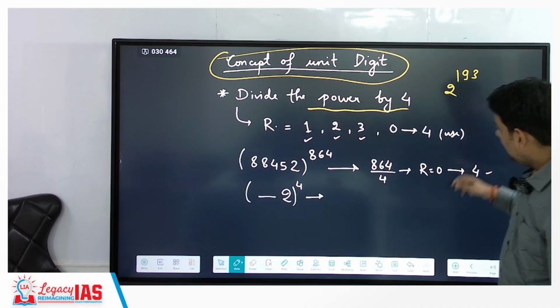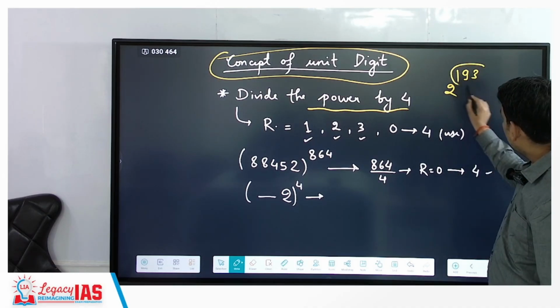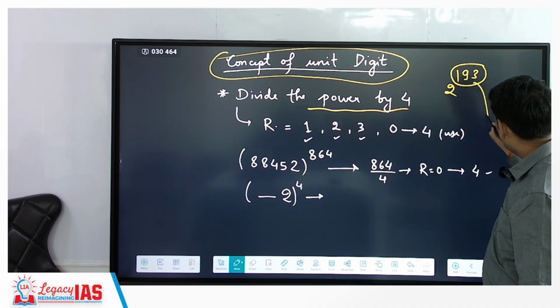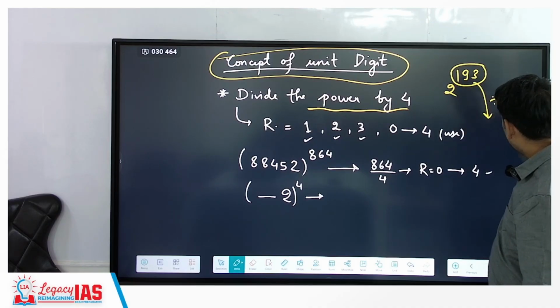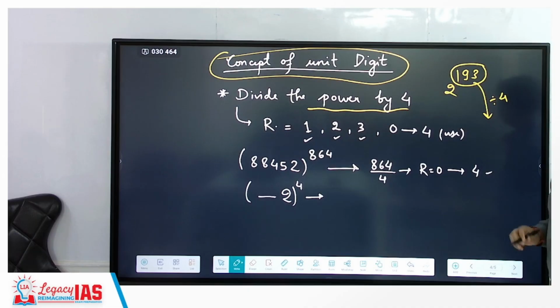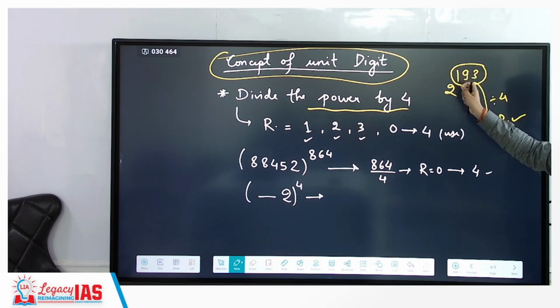What you need to do is, you just pick this number, whatever is in the power, you divide it by 4 and see what remainder you get.